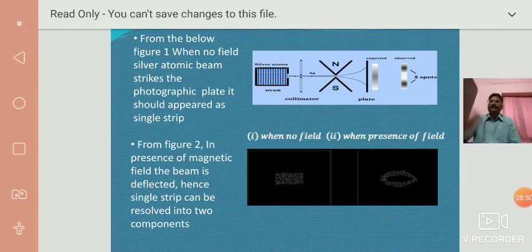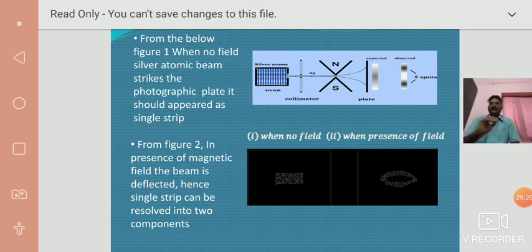Next, it is a beautiful diagram to understand single strip and double strip. Here there is an electric oven, and a north pole and south pole, and the beam is deviated from the actual path. The first diagram on the right-hand side represents no field, the absence of field. In the presence of a non-uniform or inhomogeneous magnetic field, the single strip is displaced as a double strip.